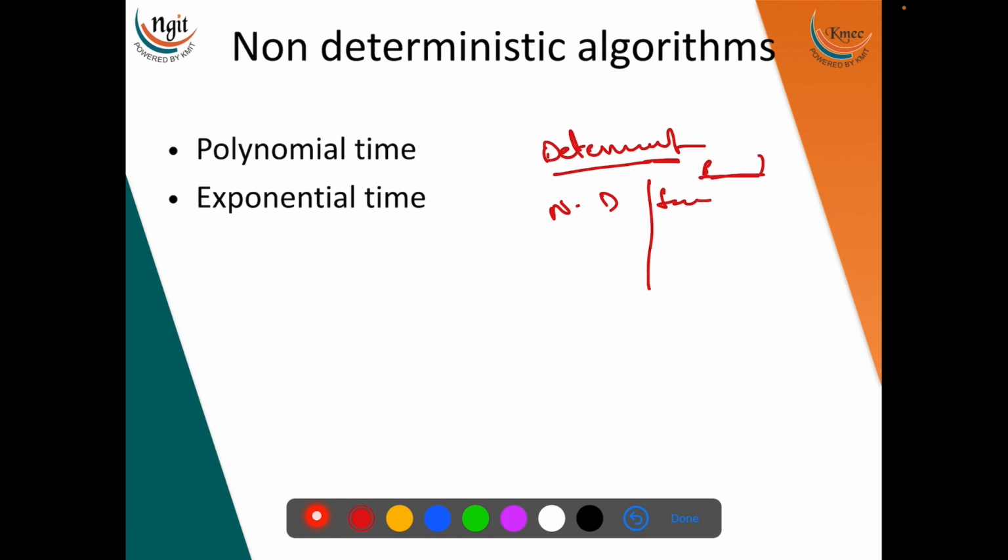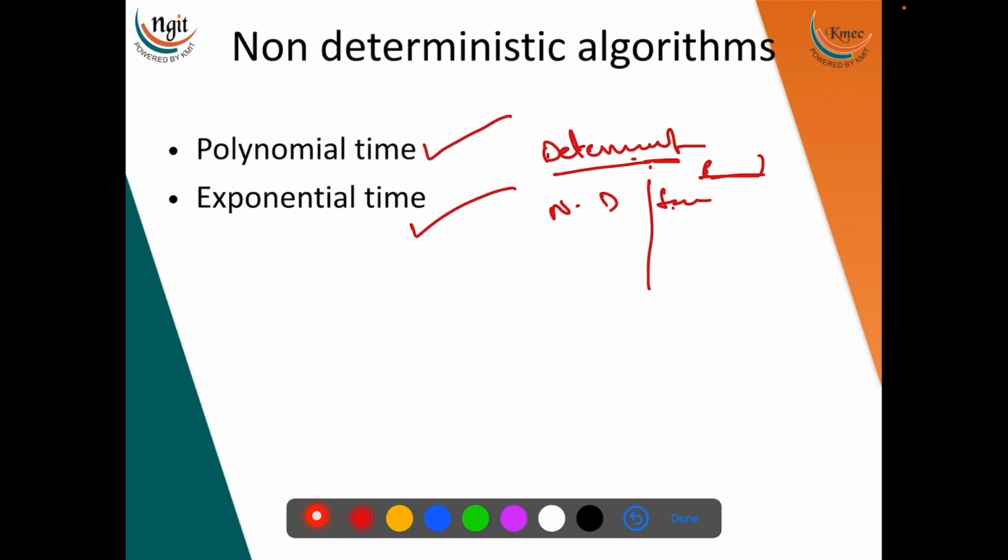So let us talk about deterministic algorithms. Take any example from the previous topics. Let's talk about the best algorithms for their solutions, having computing times that are clustered into two groups: polynomial time and exponential time.